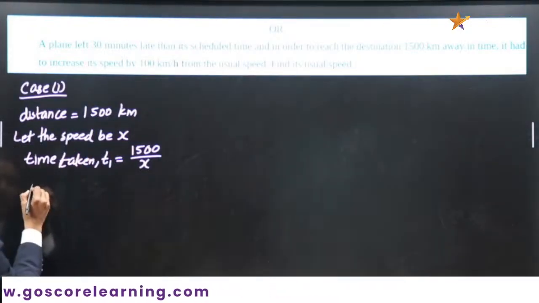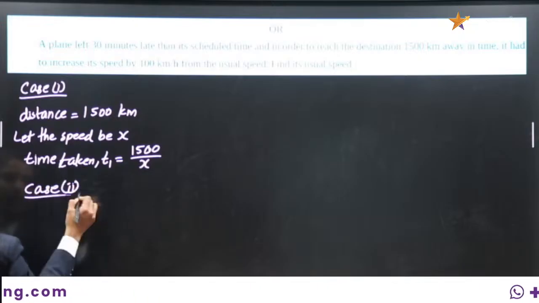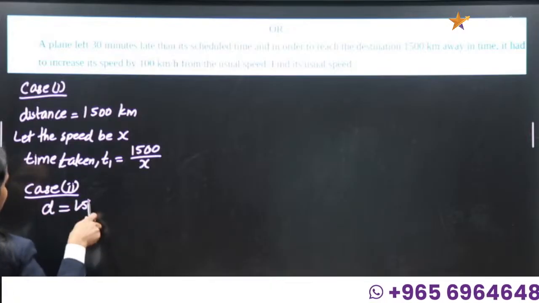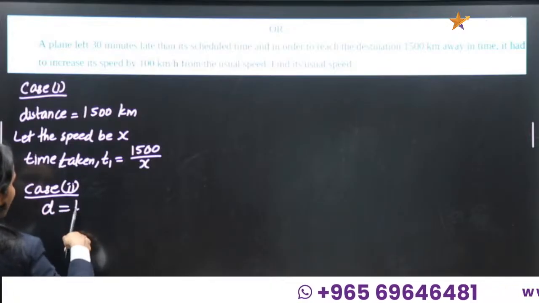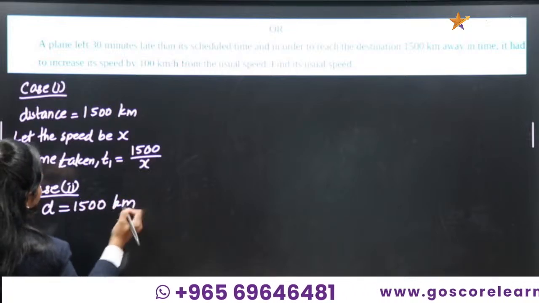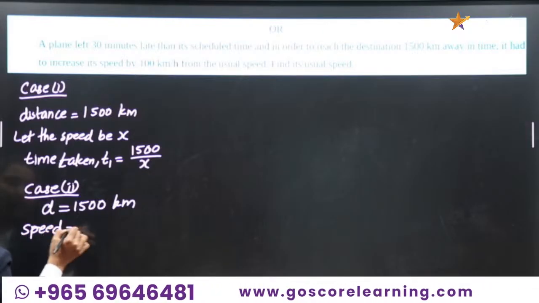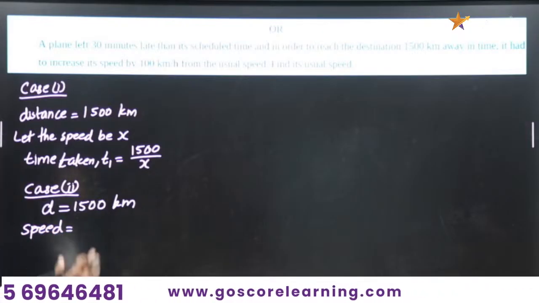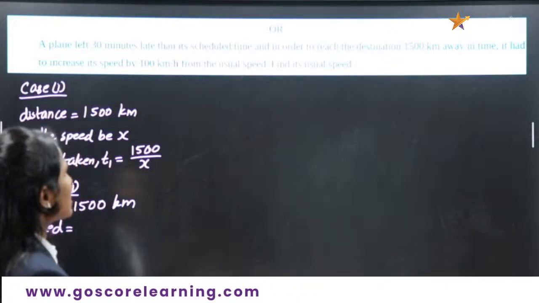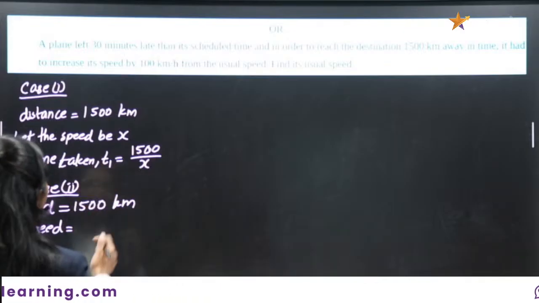Now case 2, there is no change in the distance, right? So distance d is equal to 1500 kilometers, and the speed we increased it, right? We increased the speed to reach the destination in correct time, by 100 km per hour.